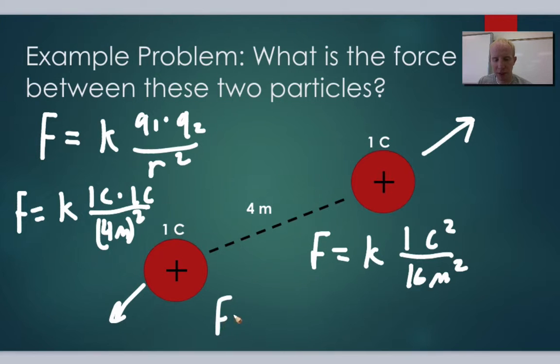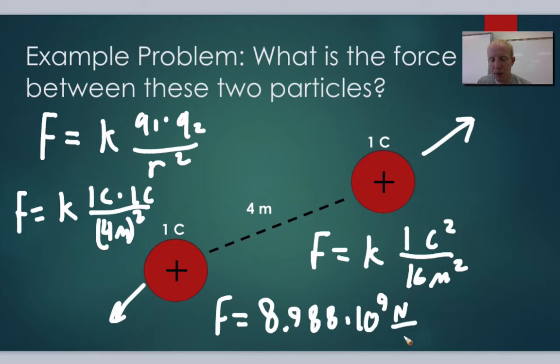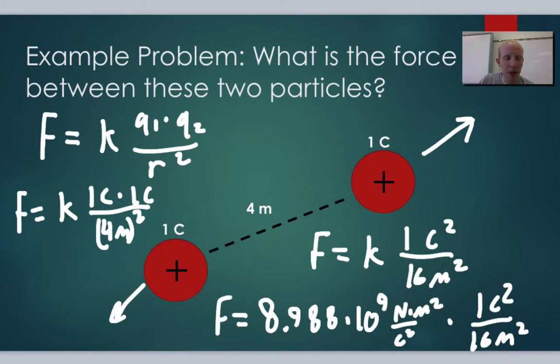So we get the force equals 8.988 times 10 to the 9th newtons per Coulomb squared times meter squared, times 1 Coulomb squared over 16 meters squared. Notice that meter squared cancels out with meter squared, Coulomb squared cancels out with Coulomb squared, and we're left with newtons.